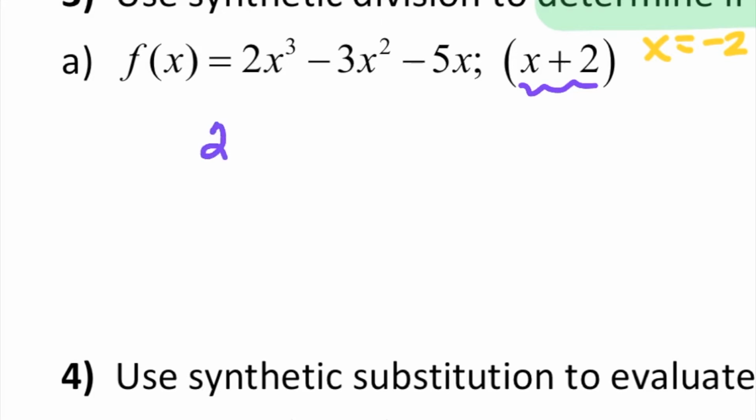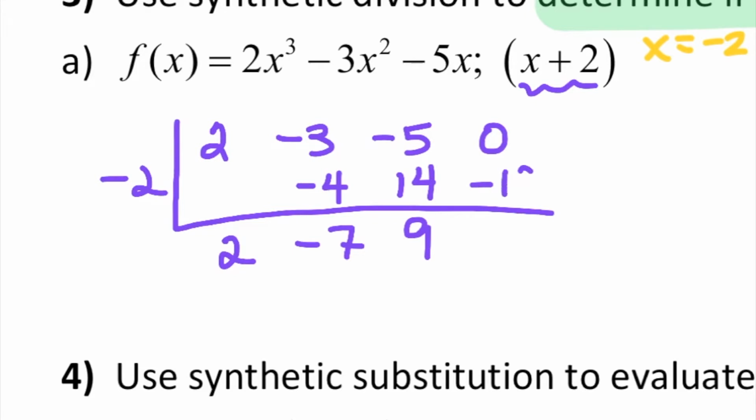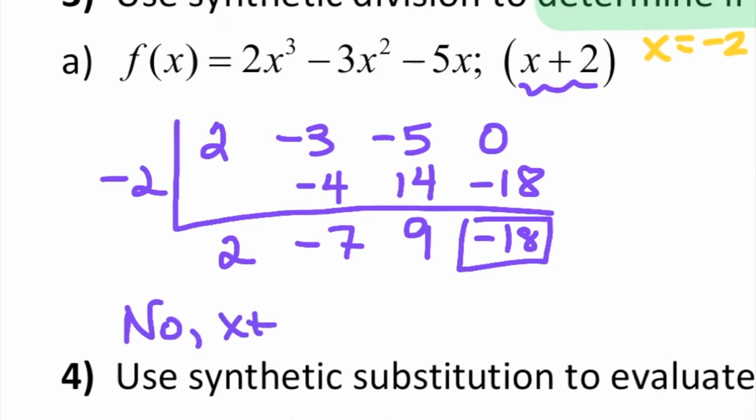So my coefficients are 2, -3, -5, and you do want to use a 0 for that missing constant term, and I'm dividing by the -2.